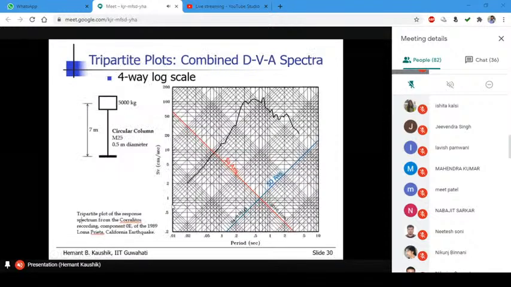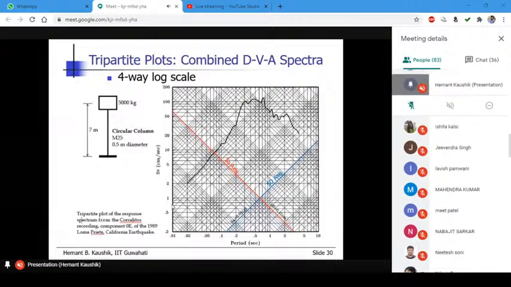Now there is another interesting way by which we represent the response of the structure. These are called tripartite plots. If you remember, I said that acceleration, velocity and displacement give the same information, right? There is no additional information given by any of these. So the response spectra for acceleration, velocity and displacement give you exactly the same information, because you can derive the other from one.